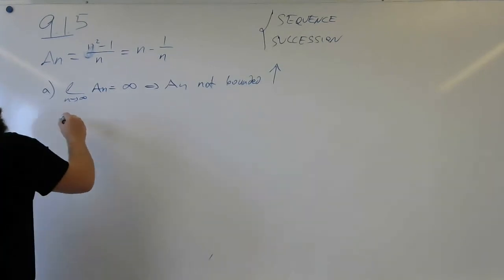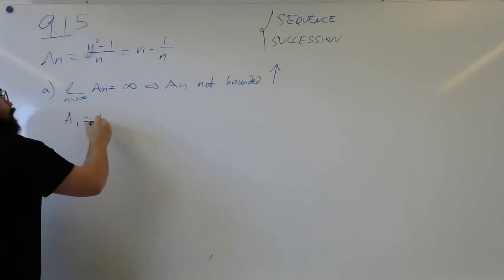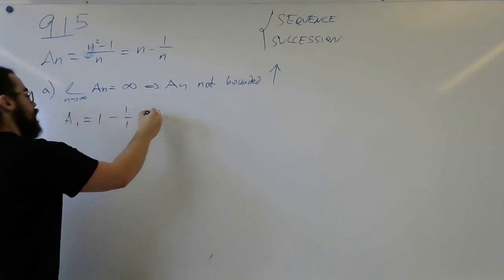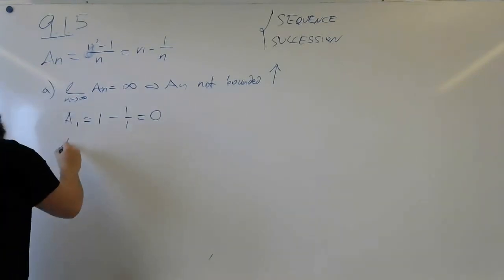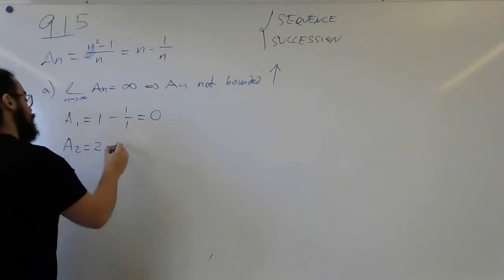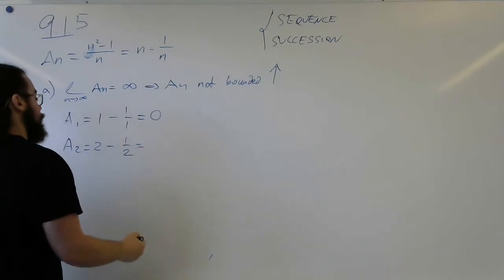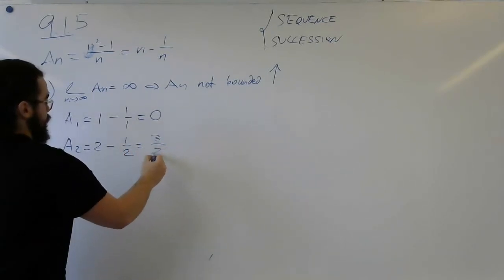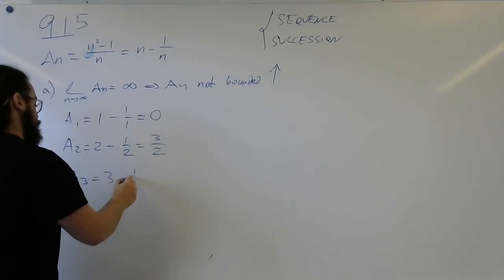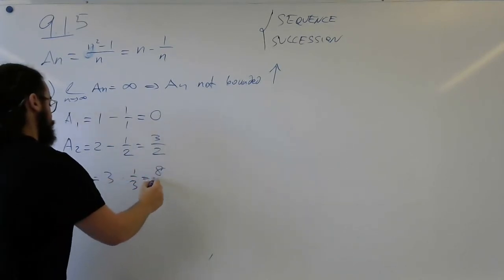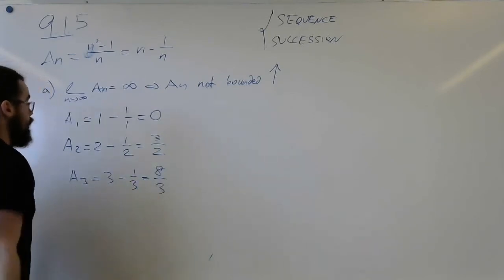Well, if we pick a sub 1, it is 1 minus 1 over 1, so it's 0. A sub 2 is 2 minus 1 half, which is 3 halves. A sub 3, this thing right here.